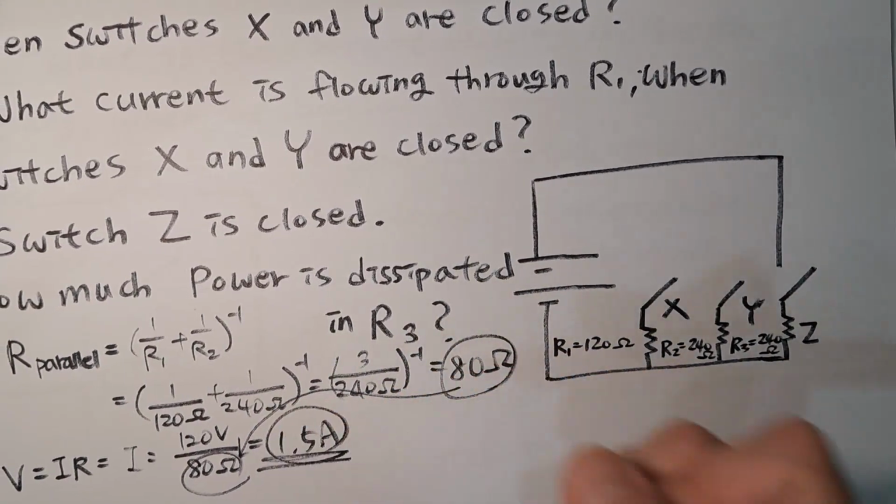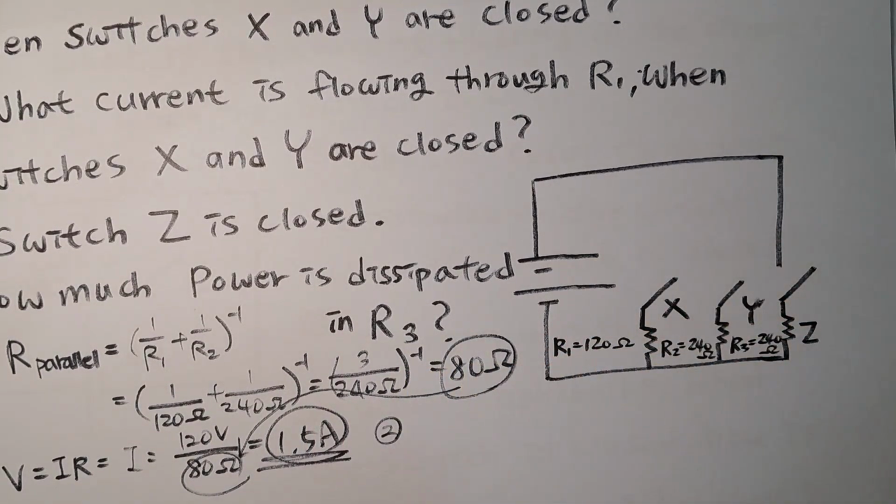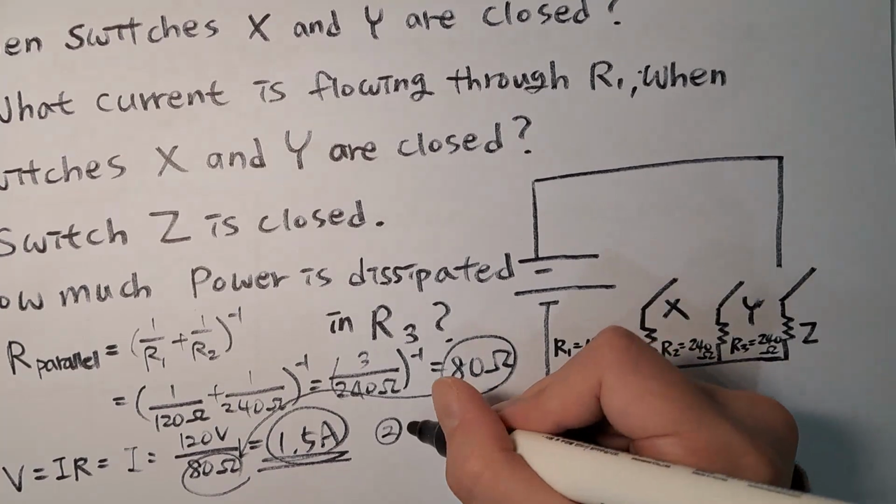So the current is going to be 1.5 ampere. And we are going to find the current flowing through R1 when switches X and Y are closed.